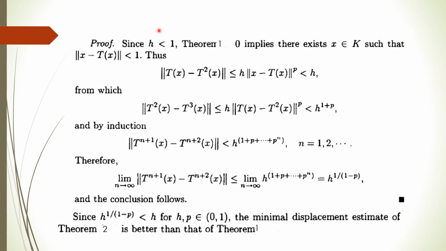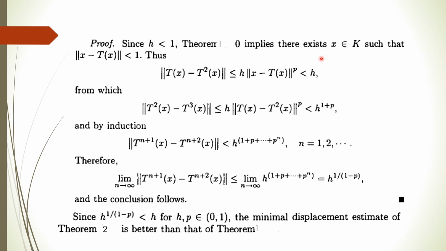Now just see how, since h is strictly less than 1, by the above theorem, this is not 0, it is only 1, that by theorem 1 there exists a member of K such that this is strictly less than h, meaning strictly less than 1. So you can find tx minus t square x will be less than or equal to h times, by the definition, norm of x minus tx to the power p, which is less than h into h to the power p.